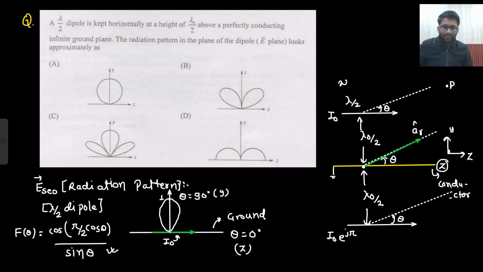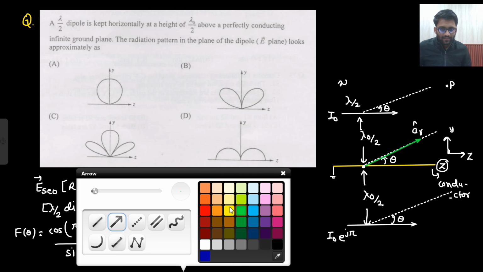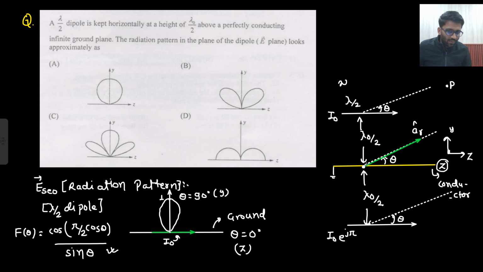Now let's check out. From the origin towards the antenna, this will be my d vector. So that vector is lambda naught by 2. And what is the angle between lambda naught by 2 and AR cap?